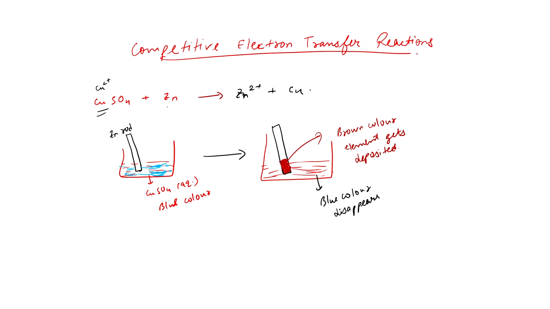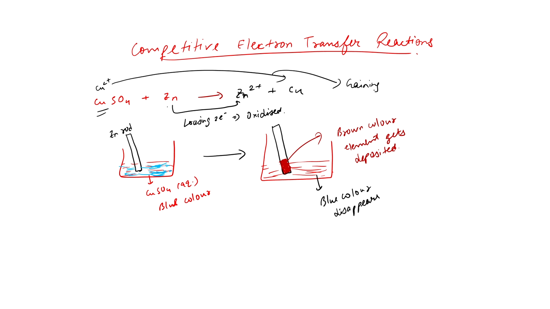So, Zn is losing 2 electrons, that means it is getting oxidized, and this Cu2+ is gaining 2 electrons, that means it is getting reduced.